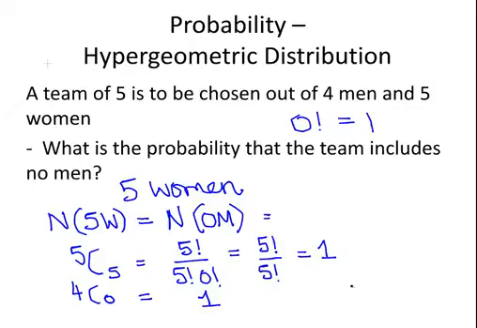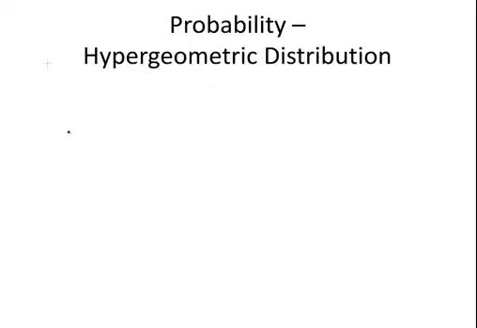So the total number of ways, N5W, is simply equal to 1. There's one way we can have 5 women. Now, the answer to the question is the probability of 5 women. Sorry, actually the question asks for no men, so I'll just write it like that.